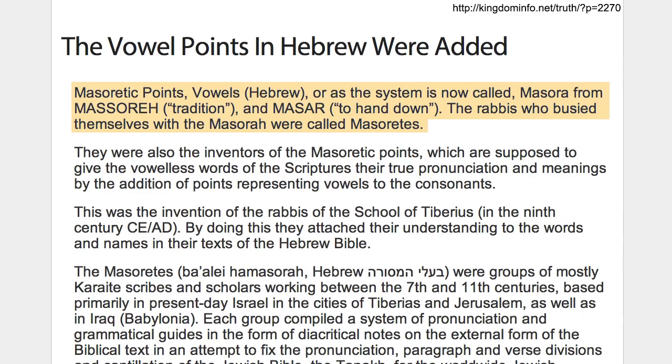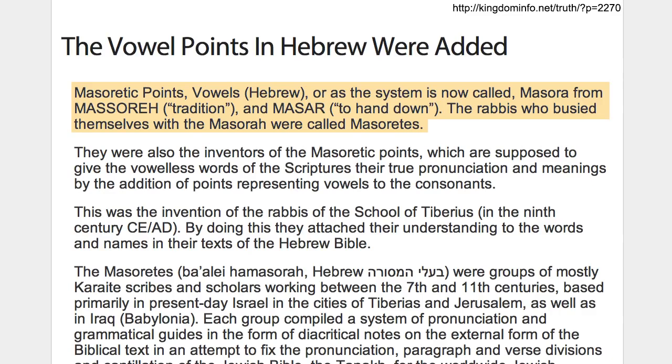Now, right here it says, Masoretic vowel points, Hebrew, or as the system is now called, Masorah, from Mesorah, tradition, and Masar, to hand down. It says, the rabbis who busied themselves with the Masorah were called Masoretes.